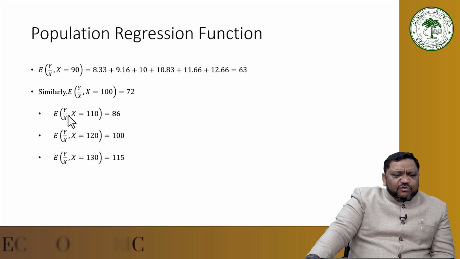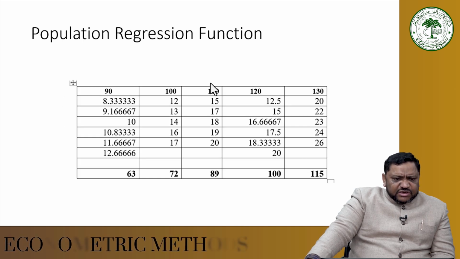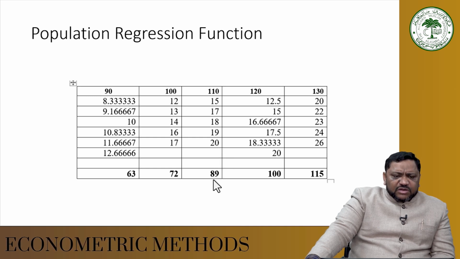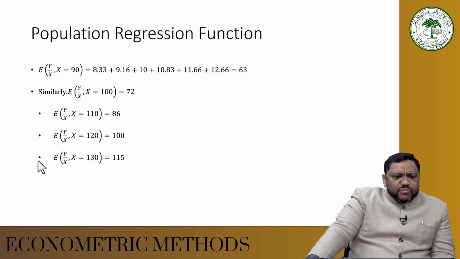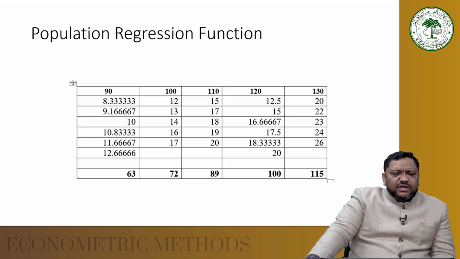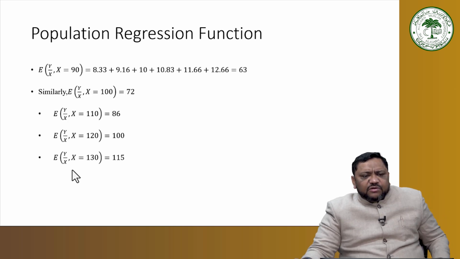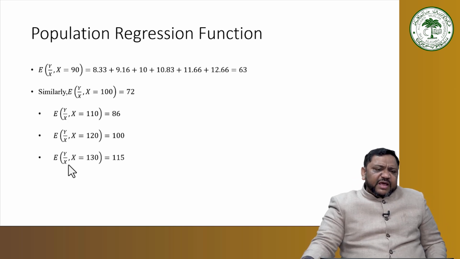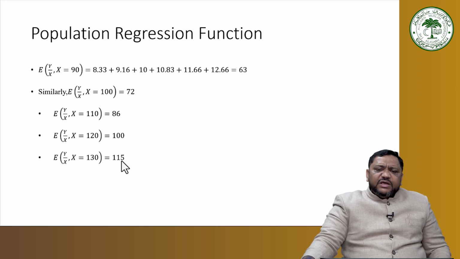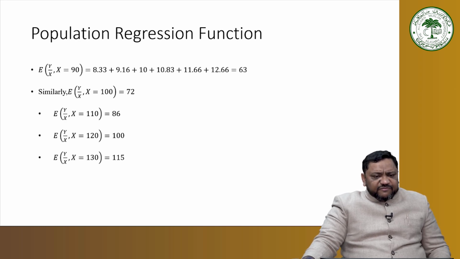The expected value of y given x when x is equal to 110, we added all these values and got 89. When x is equal to 120, it is equal to 100. And finally, the expected value of y given x when x is equal to 130 is equal to 115.